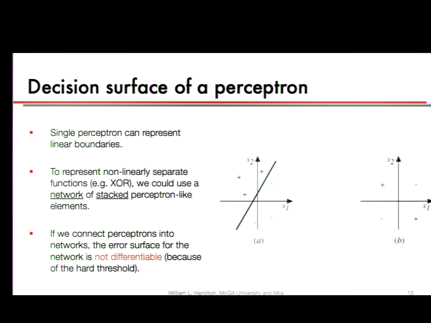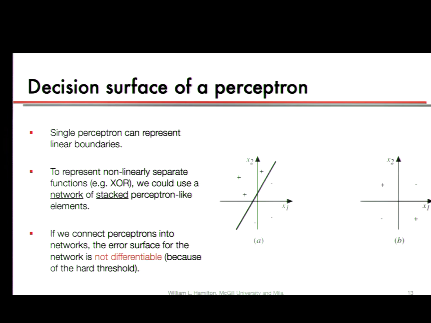So this is an issue. Previously, we've talked about trying to do feature transformations, trying to do all kinds of things to increase the complexity of our models. But now we're going to take the stacking idea and, again, take it to the extreme. Instead of trying to come up with different features for our data, maybe we can handle these nonlinear boundaries just by stacking multiple perceptron-like things together.